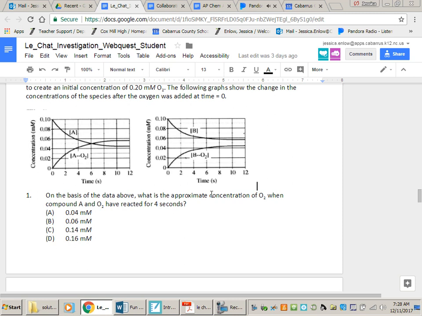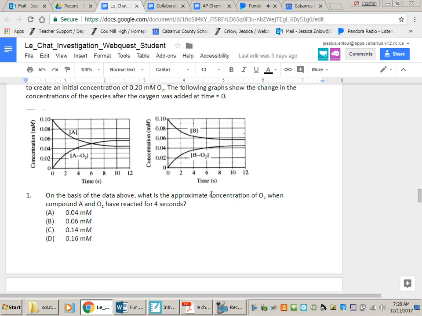What did B do? So maybe about 0.06. So it looks very similar, but it's not exactly the same rate of consumption. So that's one way to look at it. And when I first did this, I selected A, but they're not exactly equal, but it does help to look closely at the graph.